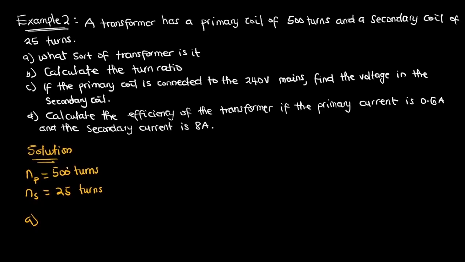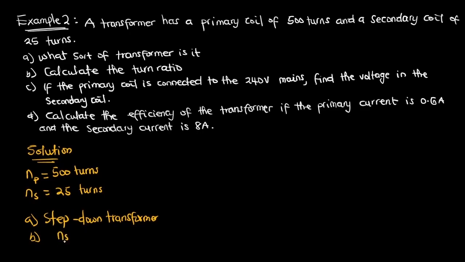But if it is moving from, let's say, a lower number in the primary to a higher number in the secondary, it is a step up. So this is a step down transformer. That is the A. Now the B is saying we should calculate the turn ratio. The turn ratio is either NP over NS or NS over NP, regardless of how you want to do it.